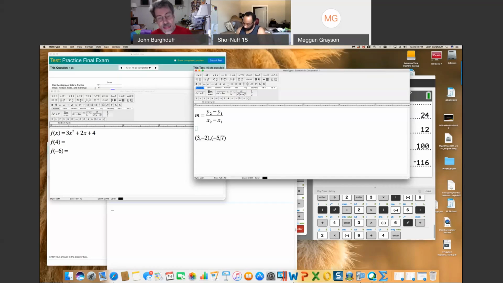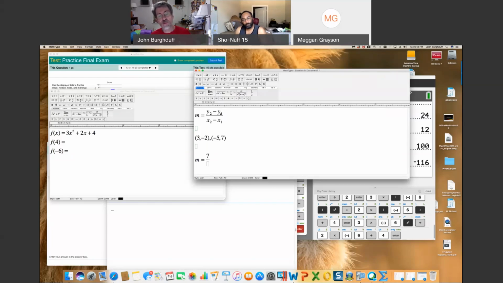Okay, so the easiest way to relate to this equation, I think, is rather than get too hung up in what these subscripts look like and how confusing they look, just think of it as y2 means the y from the second point. So if I think of it that way, the y from the second point is 7.